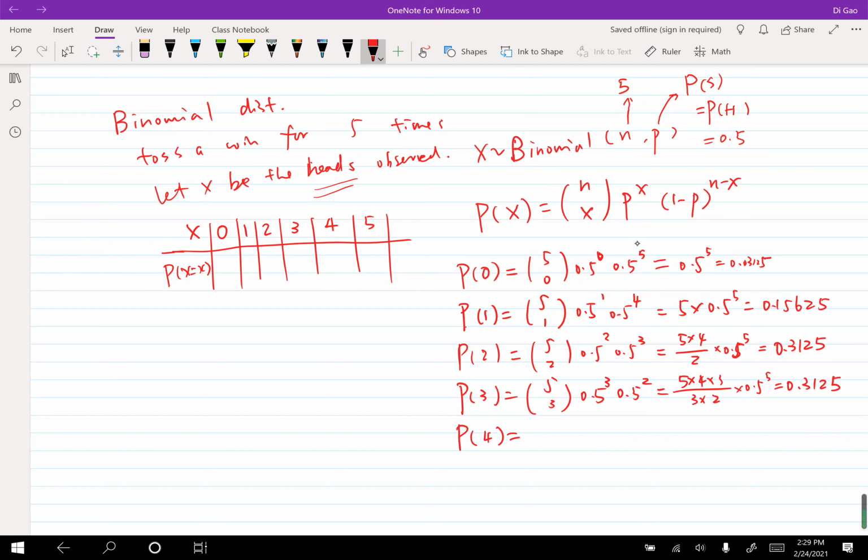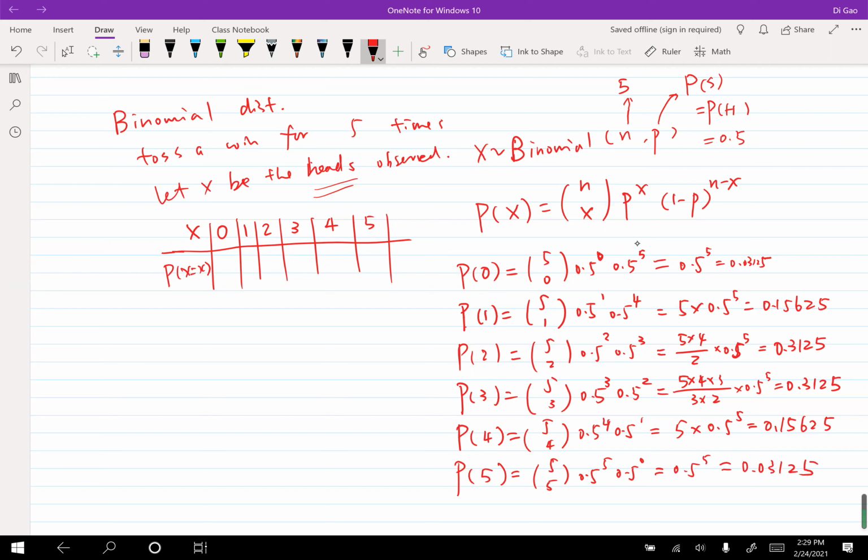For x equals 4, that's 5 choose 4 times 0.5 to the fourth power, times 0.5 to the 1. 5 choose 4 is the same as 5 choose 1, so 5 times 0.5 to the fifth power, which gives us 0.15625. For x equals 5, that's 5 choose 5 times 0.5 to the power of 5, times 0.5 to the power of 0, which is 1.